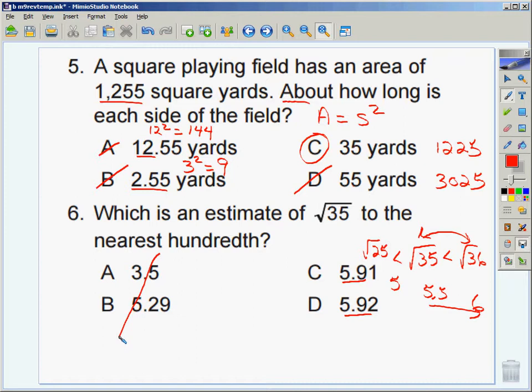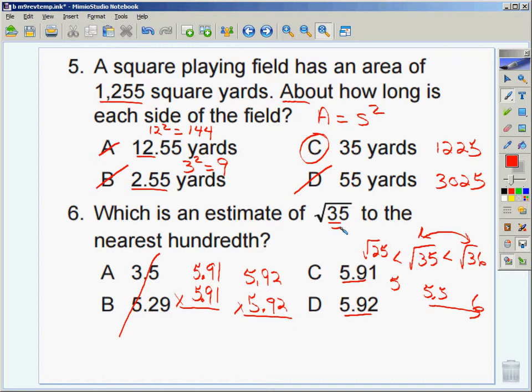The next thing that you'd want to do, and again, tomorrow it's not this difficult, is actually see which one, 5.91 times 5.91, or 5.92 times 5.92 would get me closer to 35.